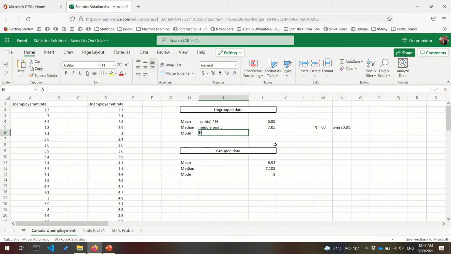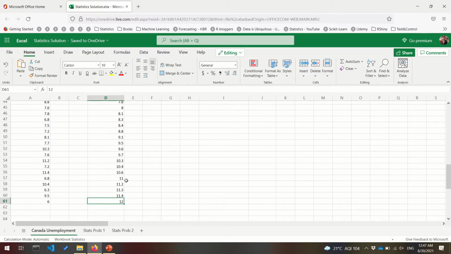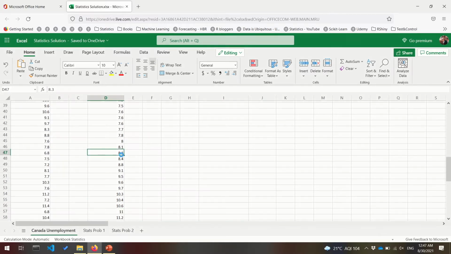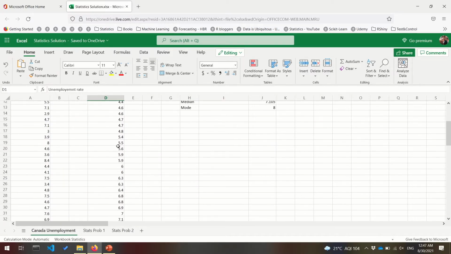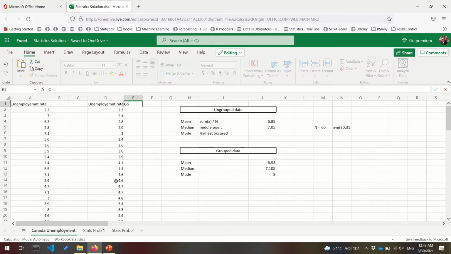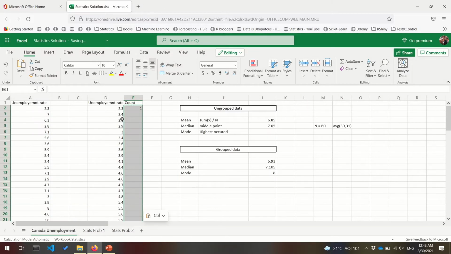Mode is nothing but the highest occurring value. Here in the data, you can go and manually check which has the highest occurrence, but as we are doing it in Excel, we will try to do it smartly. We'll use the COUNTIF function. Again, you can go through my Excel tutorial to understand this function. So we'll count, let's say, 2.3 in this entire column. We'll copy this formula and paste it.